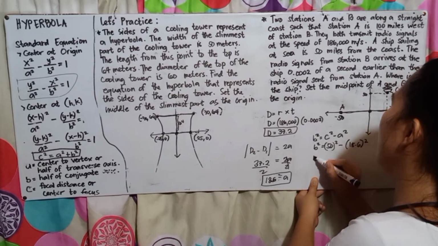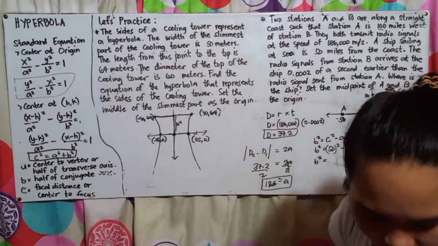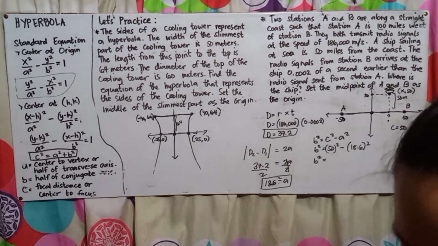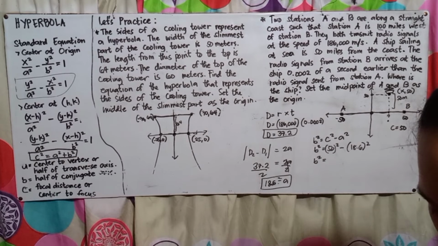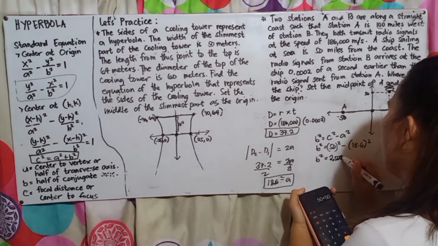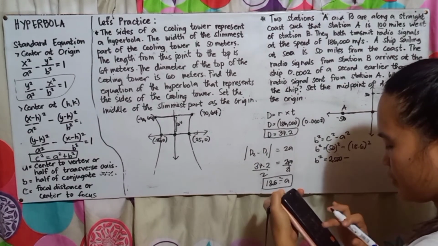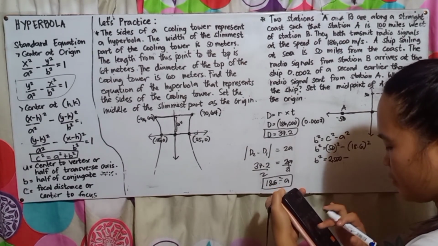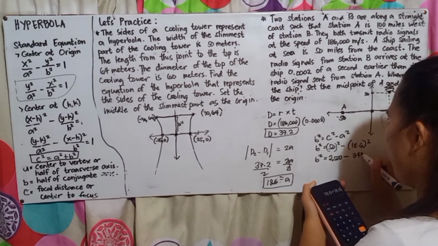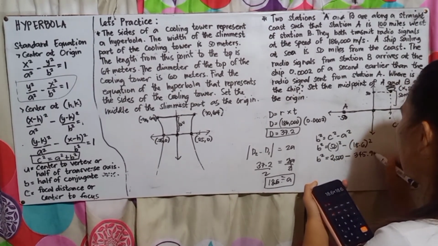So b squared equals 50 times 50, which is 2,500, minus 345.96.